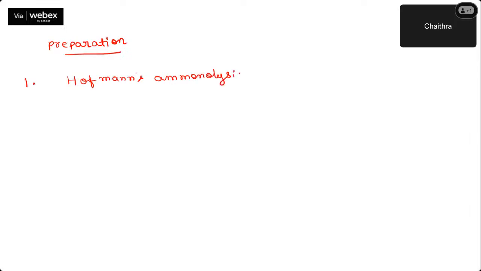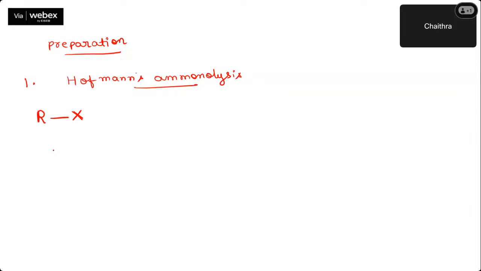Hoffmann's ammonolysis. It is the scientist's name. It's basically a named reaction. So what exactly happens here is, I'll take the starting material as RX. Can you tell me what is RX? RX is the general formula for what? Yes, R is an alkyl group. What does X stand for in organic chemistry? Very good, Jyoti.